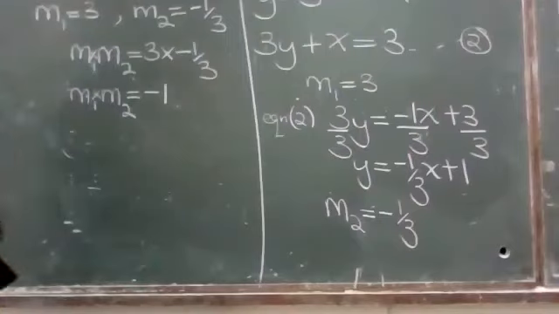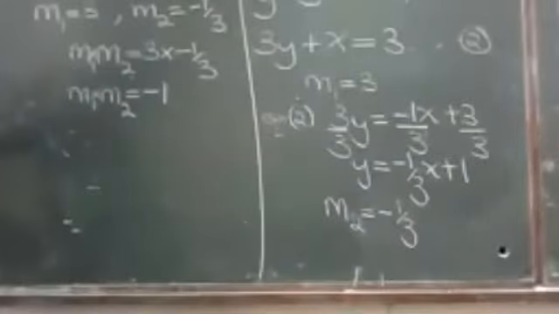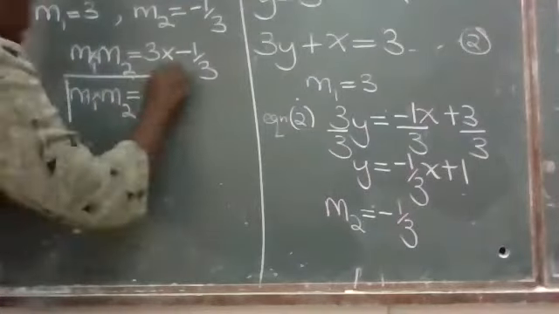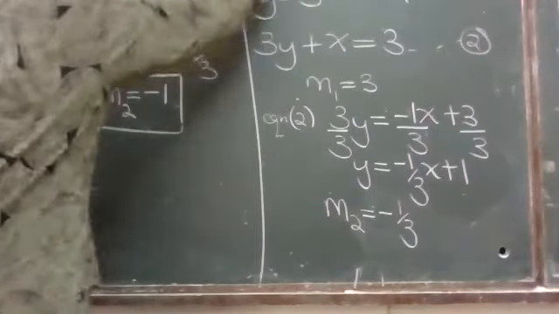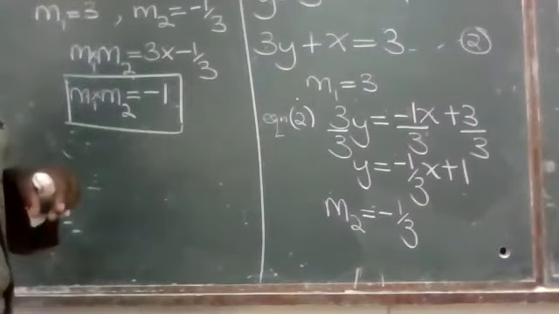It is the negative reciprocal of the other. If you can see that, that is very brilliant. The product of the gradients gives us -1. We can say M2 is the negative reciprocal.